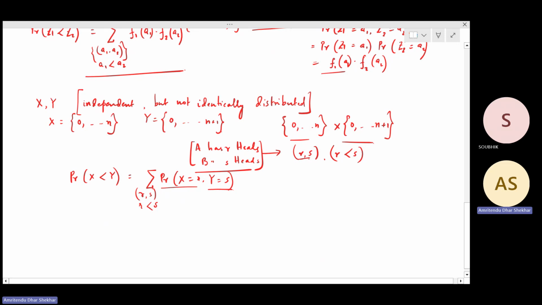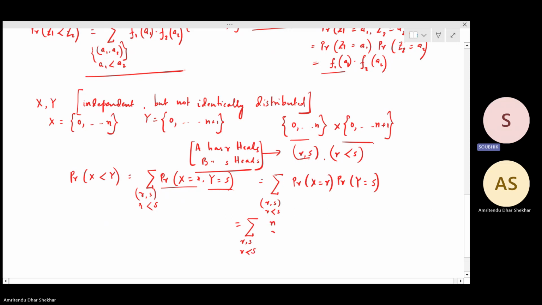So they're independent. So that is equal to the sum over r, s with r less than s of probability x equals r, probability y equals s. These are binomial random variables, so the probability of x equals r is equal to nCr times half to the power n.